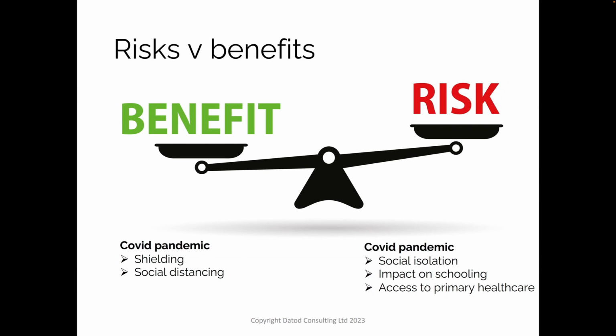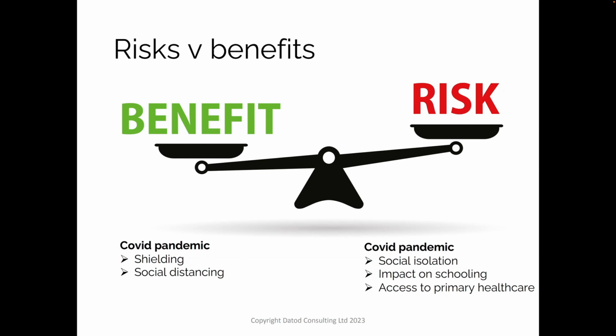There obviously was an impact on the schooling of children as they were unable to go to school, and we're beginning to feel the repercussions now. Access to primary health care during the pandemic meant that some ailments that should be treated swiftly in normal times were less able to be diagnosed, so things like cancers and heart conditions weren't treated as promptly as they could have been, and basically that delay is now causing some issues within society.